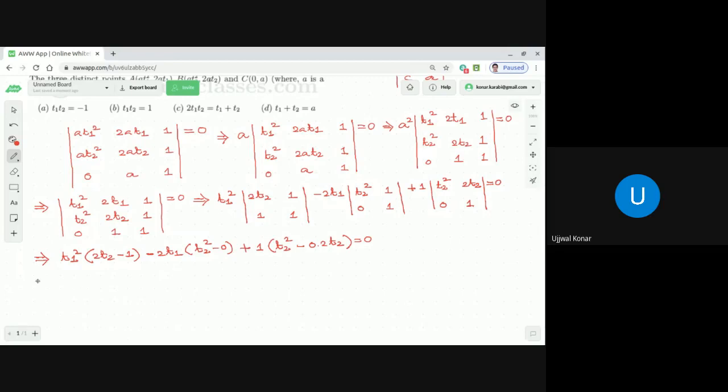So from here what we get is that 2t1 square t2 minus t1 square, minus t1 square minus 2t1 into t2 square plus t2 square is equal to 0.